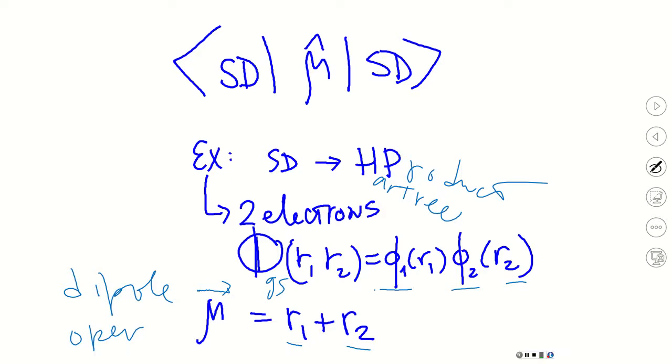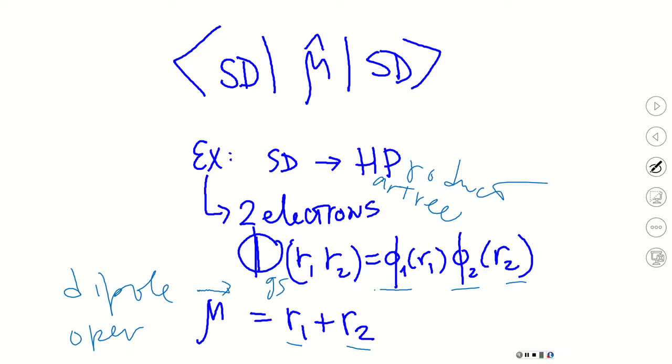Okay, so if we have two electrons and two orbitals, I'm slightly oversimplifying. Orbital 1, orbital 2, electron 1, electron 2. We forget about nuclei because they will be cancelled out anyway. So just the dipole element, add together positions of electrons, the first electron and the second one.